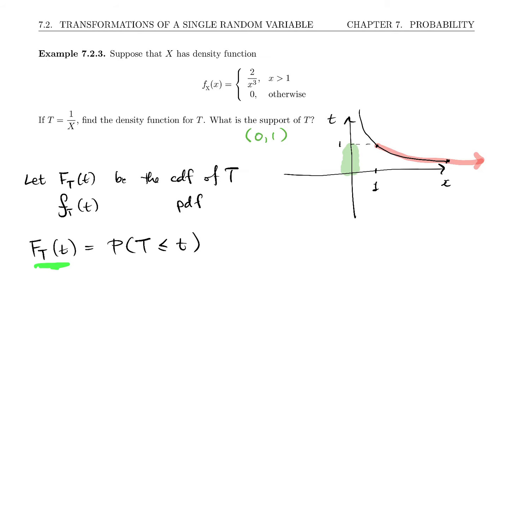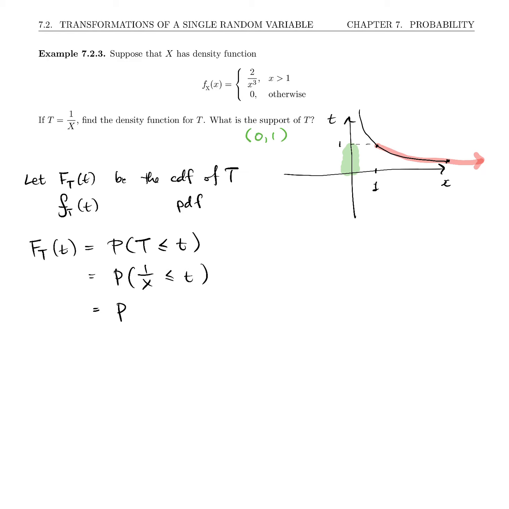That's the definition of the cumulative distribution function. So this we can replace by 1 over x is less than or equal to t, and this is where we need to be careful. We can't just flip the inequality. We need to make careful work of rearranging this.